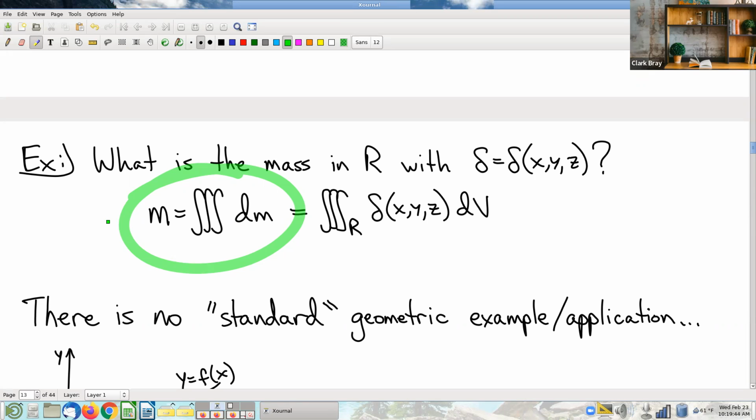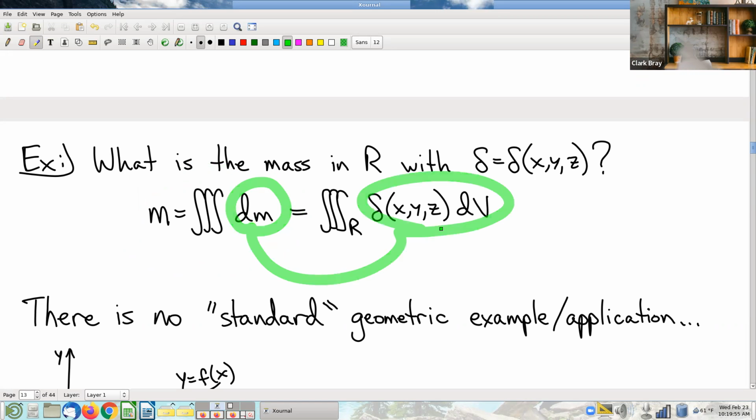So as I like to say, mass accumulates. Secondly, on each little piece, we have a relatively easy problem. The amount of mass in a little piece is mass per unit volume times volume. No tricky curves on that argument. That's a real simple case to make there.